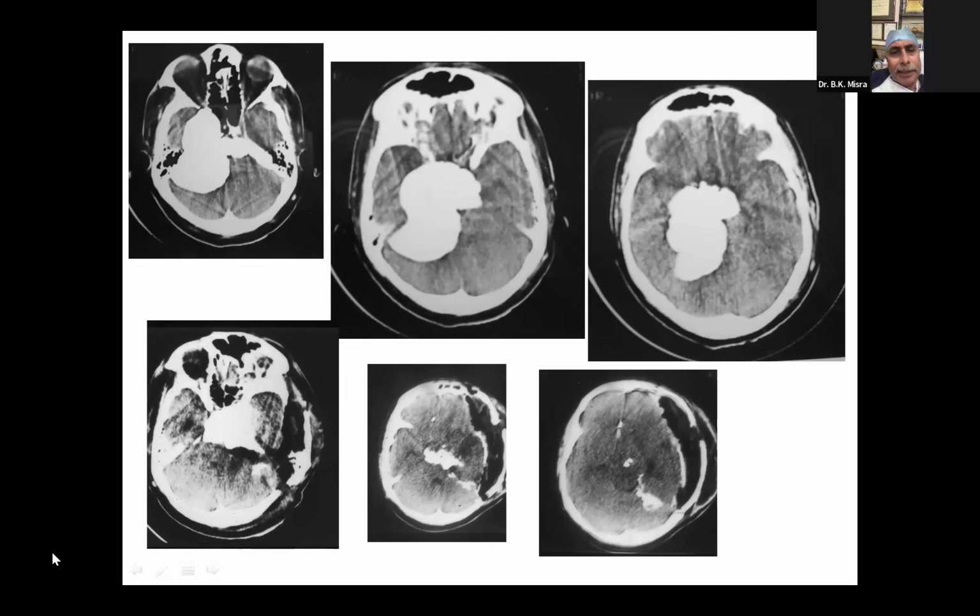Of course, that doesn't take away from the presentations, which were beautifully done by all three speakers. Very nice presentations by Arun, Dr. Gupta, and Ashis, and a lot of things to learn.